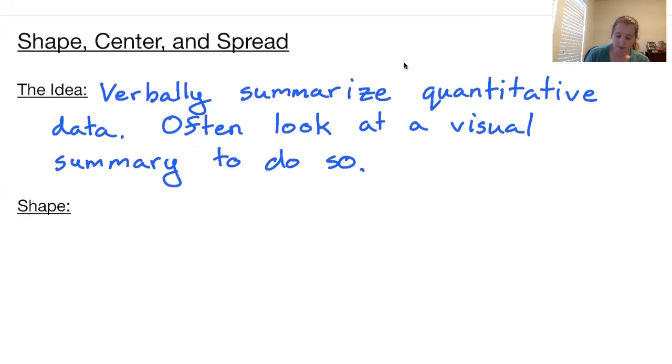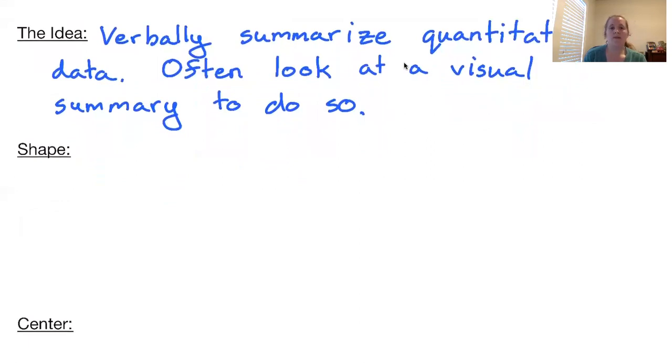For shape, this is one of the three main things that we will put in our verbal summary. For shape, we have a few main shapes that we use to describe dot plots and histograms. They certainly do not have to always fit one of these shapes, but they are some of the more common ones.